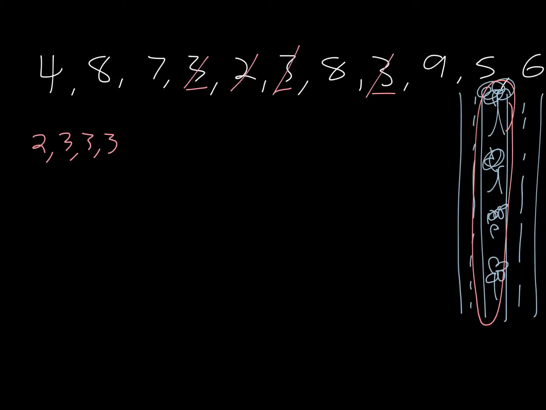I have one 4. There's a 5 and a 6, but only one of them. And then I have one 7 over here. And then I have 2 8s. And a 9.